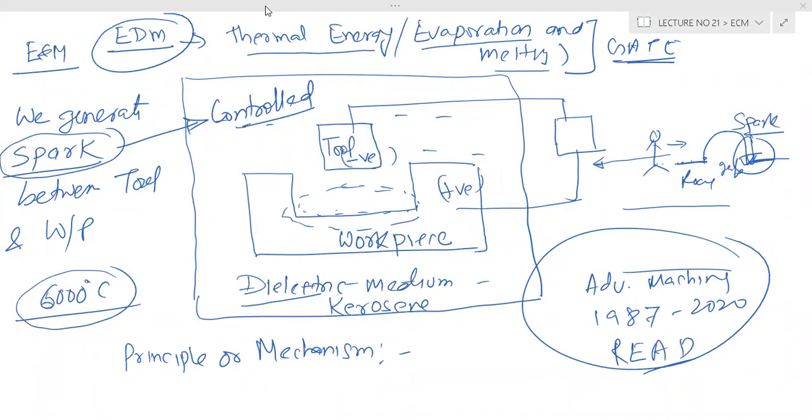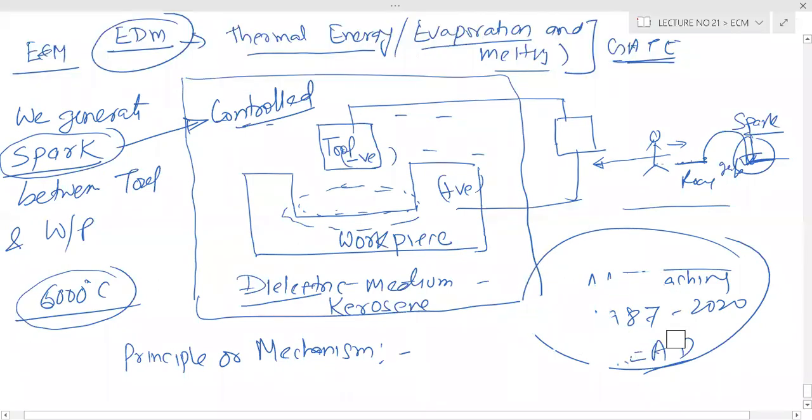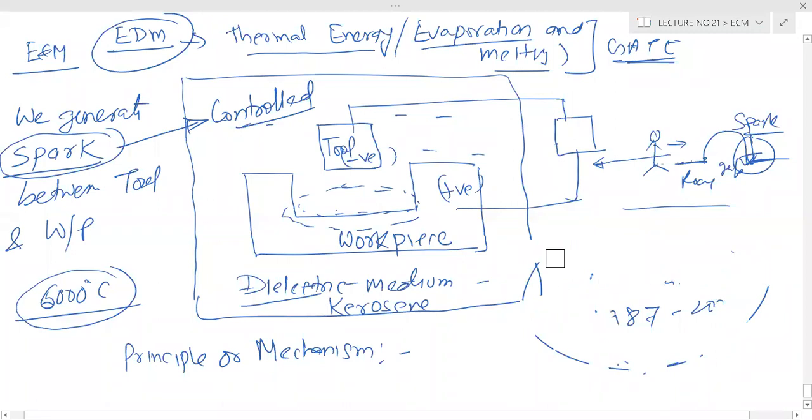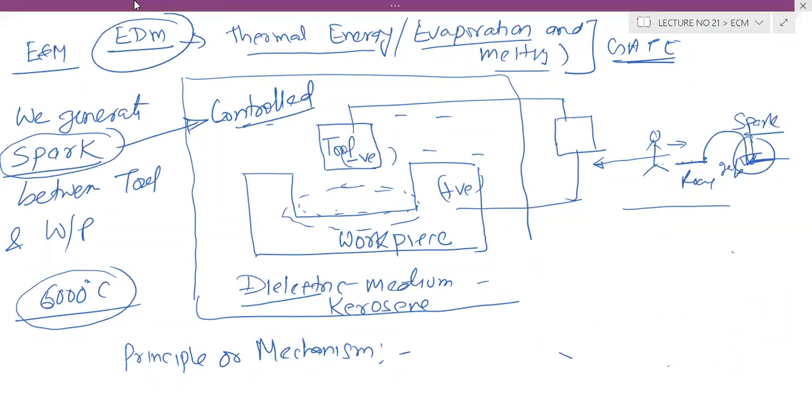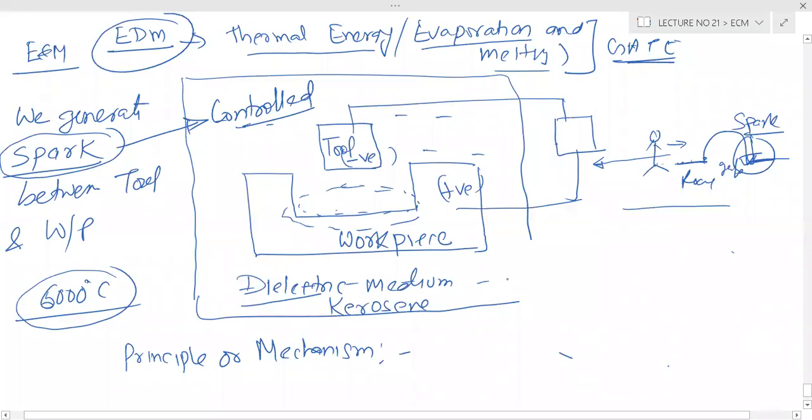Okay. So what we are discussing is electric discharge machining. As I said, it is controlled erosion, a series of controlled sparks.